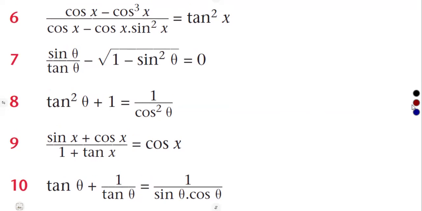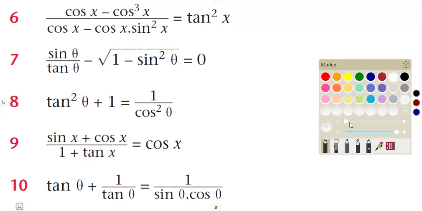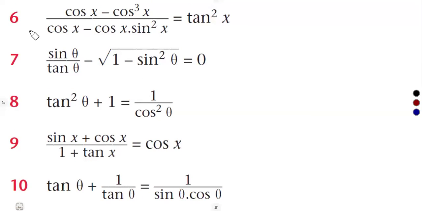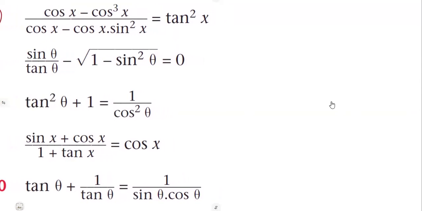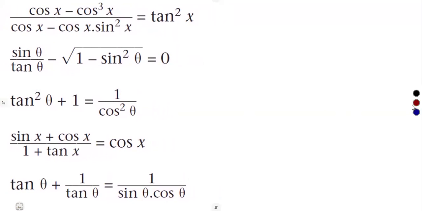On question number 6, we are given an identity that we are supposed to prove. The right-hand side is equal to tan squared of x. So guys, we have got the more complicated side on the left-hand side, so we're going to choose the left-hand side and see what we are going to have at the end.